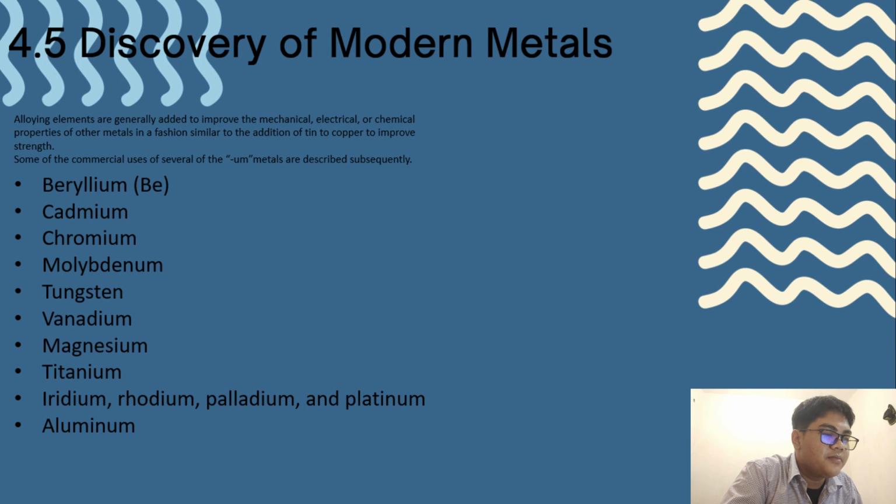Next we got chromium. Chromium was discovered in 1798 and is used mainly as an alloy addition in steel production. Chromium improves the resistance of steel to oxidation and corrosion and is an essential ingredient in stainless steels.